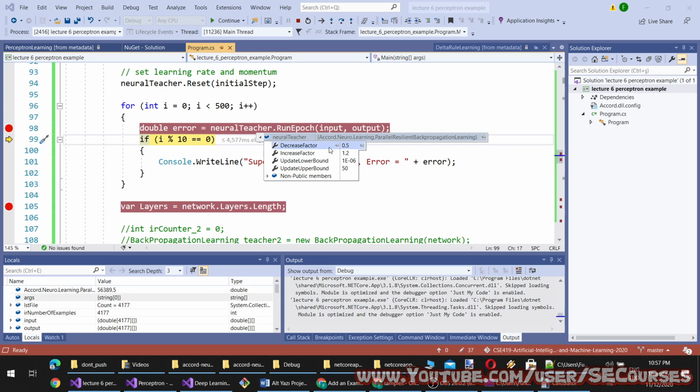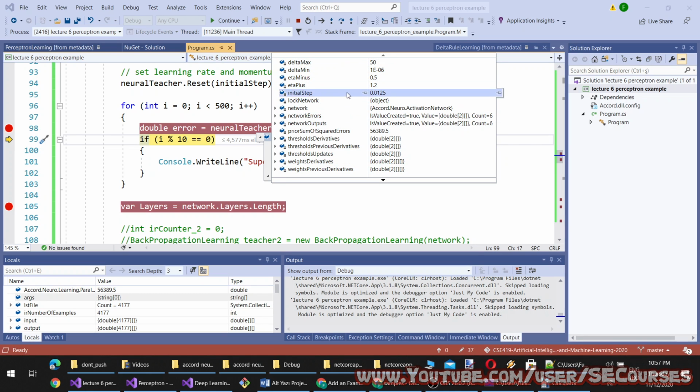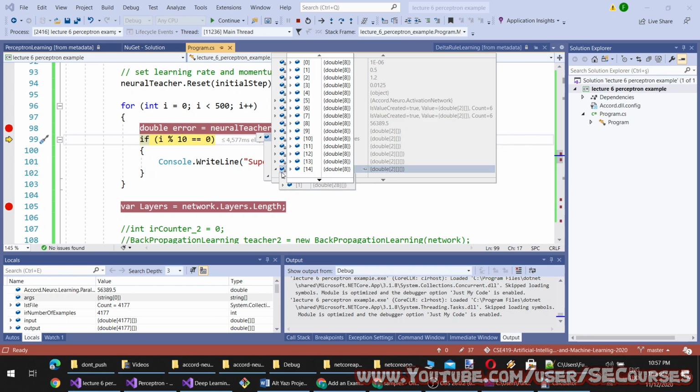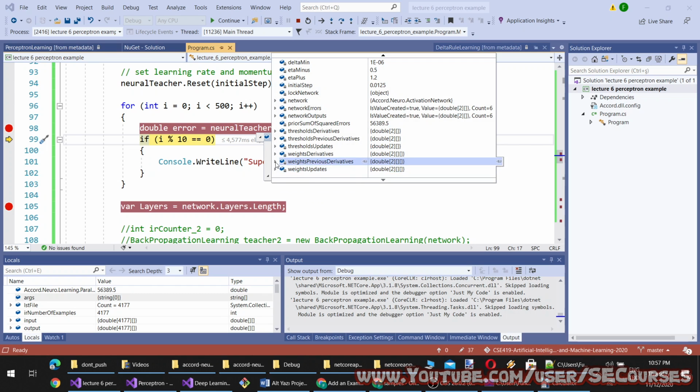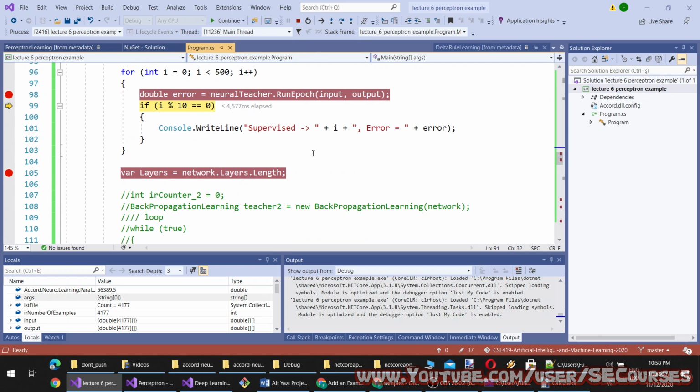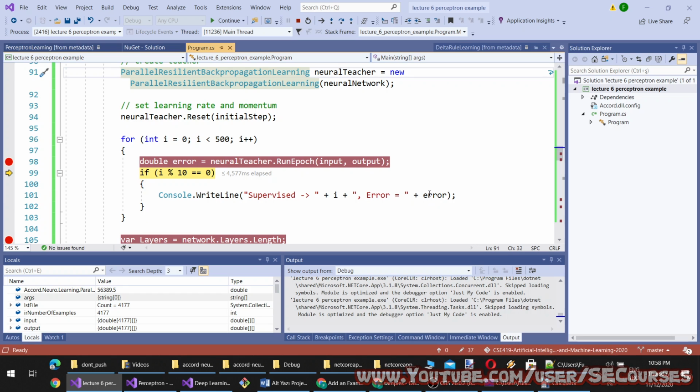Okay, so decrease factor, increase factor, update lower bound, update upper bound, delta max, network. Clear some squared errors. Threshold derivatives. Yeah, weight updates. Weight previous derivatives. Weight derivatives. I think we can change to parallel resilient backpropagation learning. It is just too slow. Why?